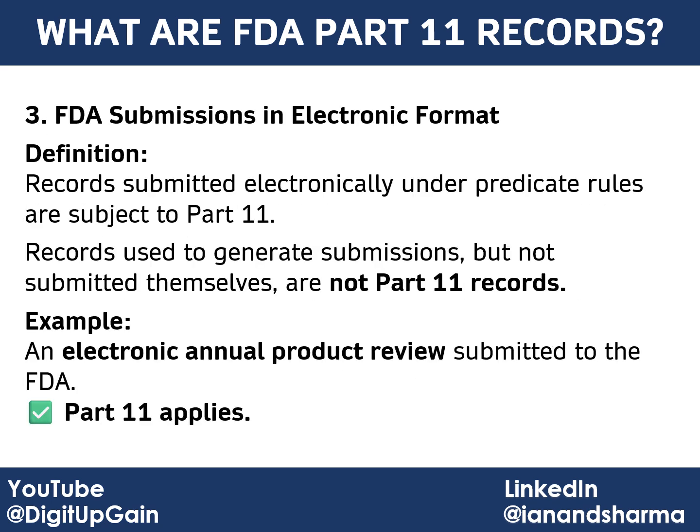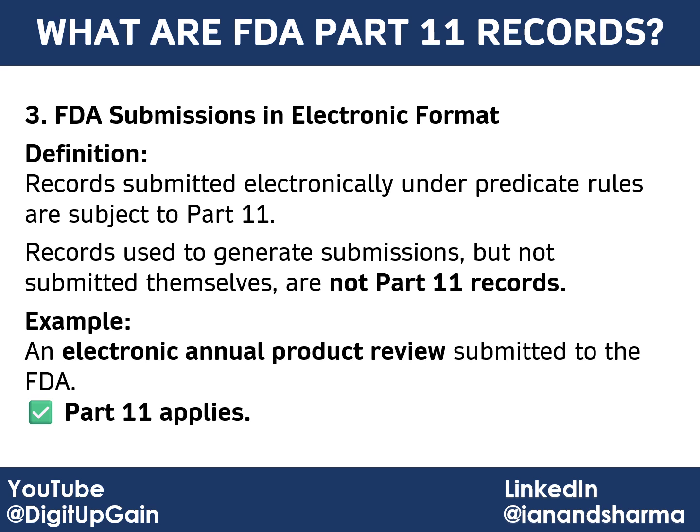Next in the list is category 3, electronic records submitted to FDA. Records submitted to FDA electronically are Part 11 records, even if the rule does not explicitly state this. Records used to generate a submission but not submitted themselves are not Part 11 records.